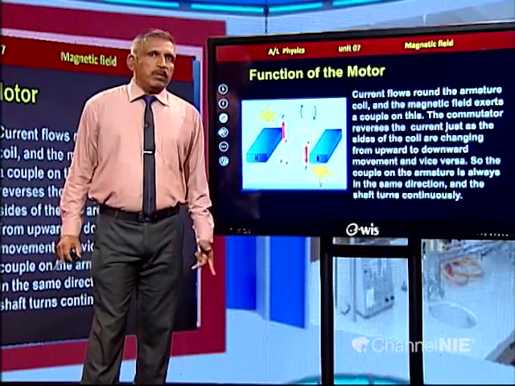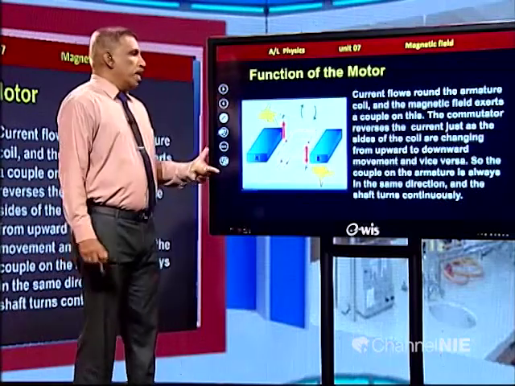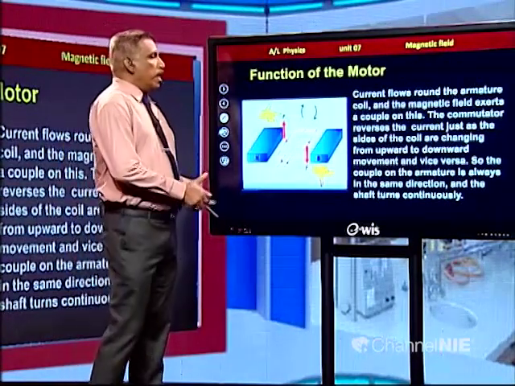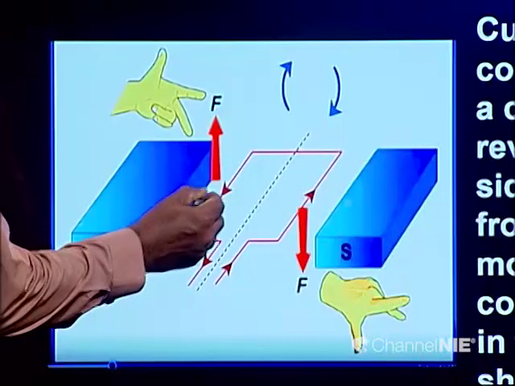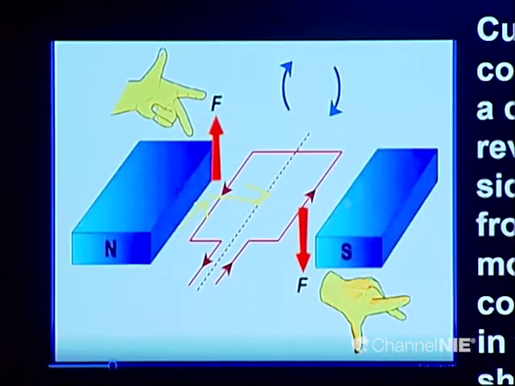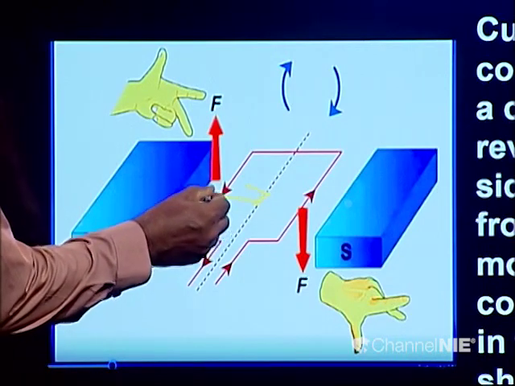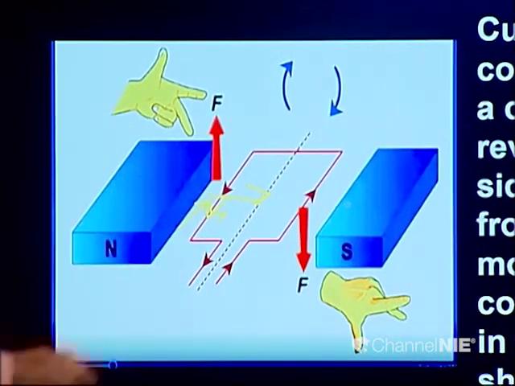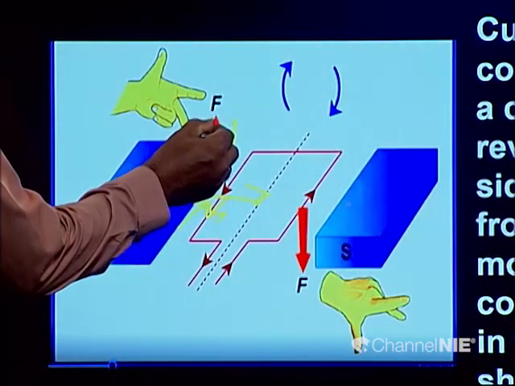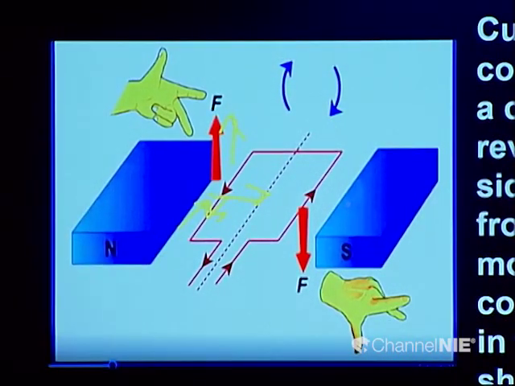The magnetic field is here and the current is here on the loop. Therefore, the force is in the upward direction.